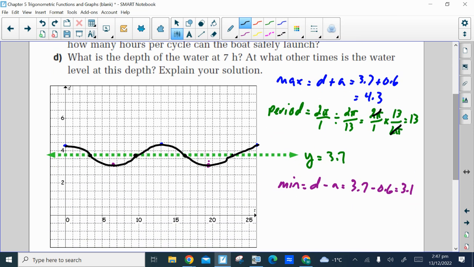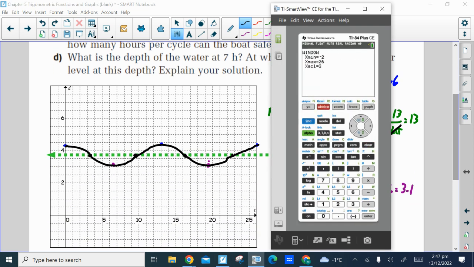For our window, I can go from -2 to, let's say, 27 on the x-axis, keeping my scale at 3. For y, I'll go from 2 till 6 and keep my scale at 1. So when I graph it, it should look the same as what's there.